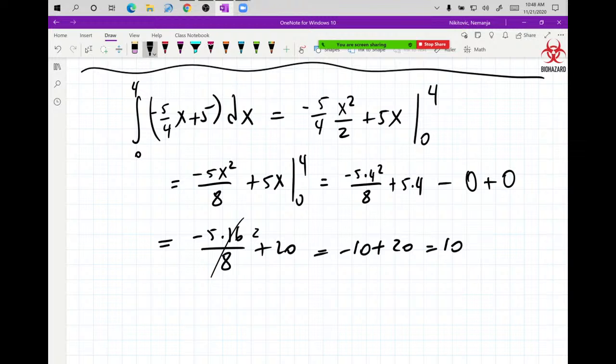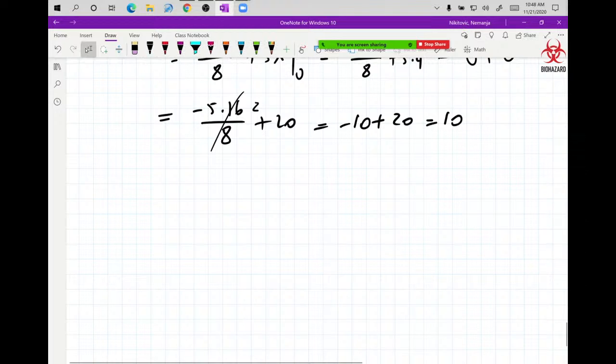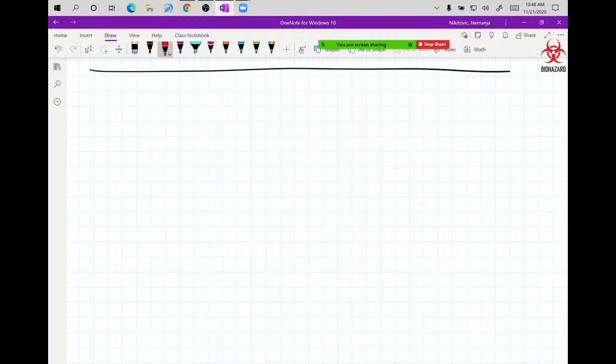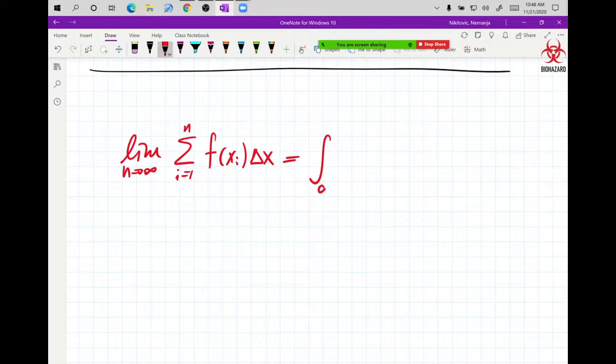So now here is the big formula for 5.2. This is what you are focusing on. This is what you are looking at in 5.2. So limit n goes to infinity of summation i goes from 1 to n of f of xi delta x is equal to the integral a to b of f of x dx, right?